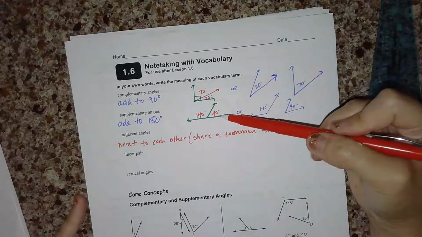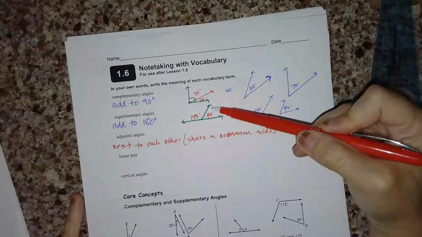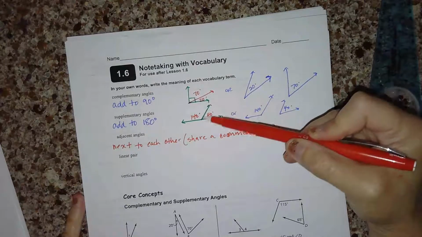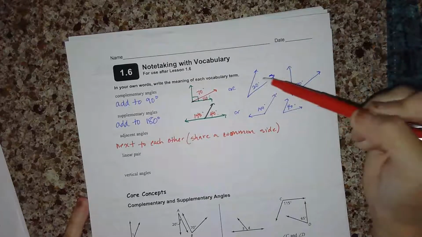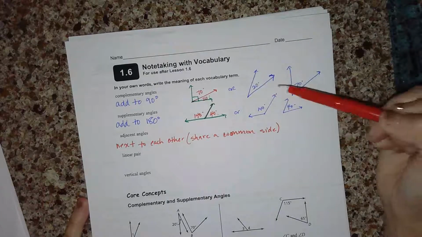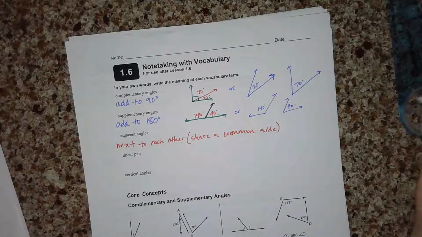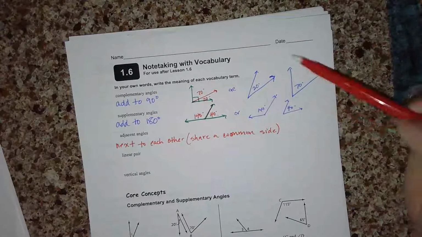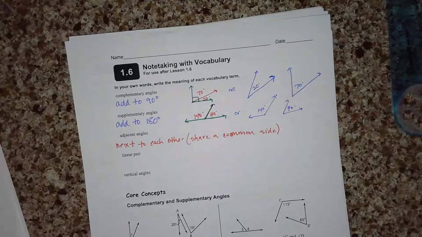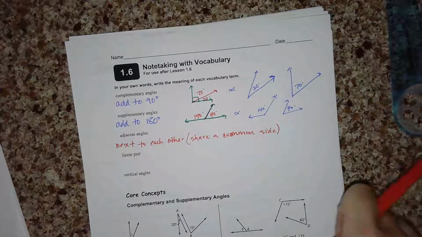And these two angles over here are adjacent because they both have this ray right here as one of their sides. These are not adjacent angles because they do not share a common side. They're both separate. So, examples of adjacent angles, examples of non-adjacent angles. Just make sure you keep those straight in your head.